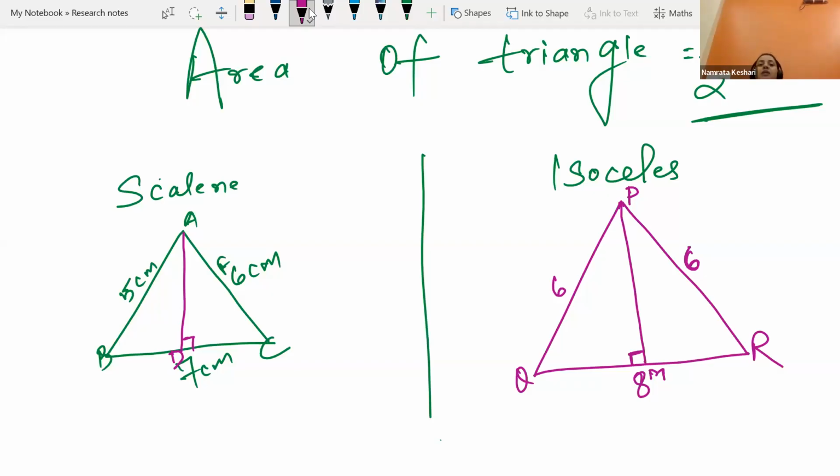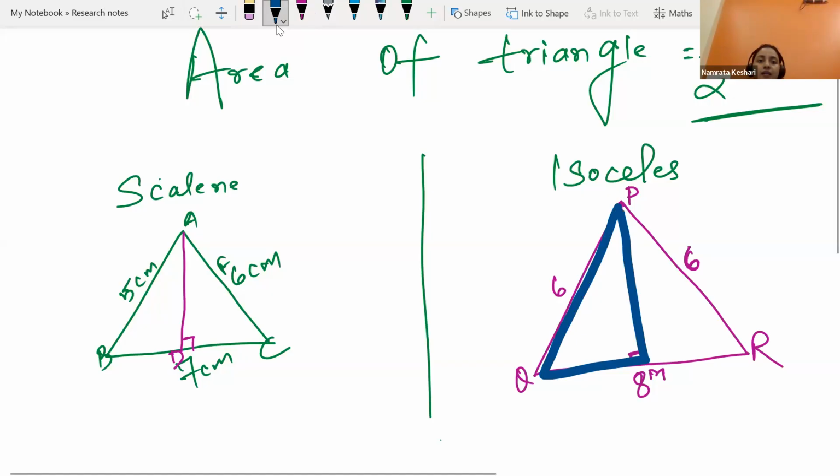Just now we have completed the triangle chapter. Congruency is crystal clear to all of you. Are you able to see that this triangle and that triangle are congruent with each other?